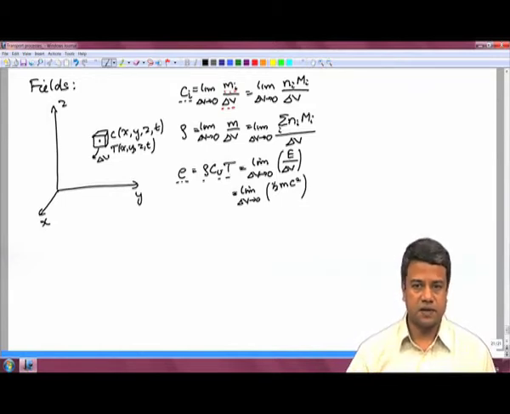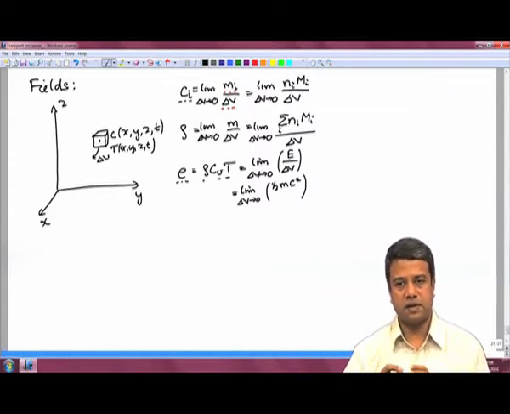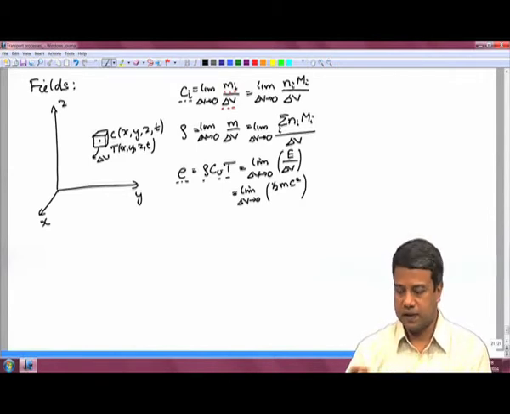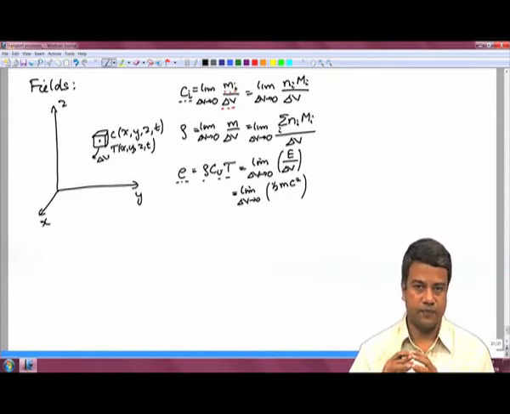The temperature field is defined from the internal energy field or the enthalpy field, by taking into account the total internal energy of all the molecules within a volume, dividing it by the volume itself. In the limit, as the volume goes to 0, the number of molecules also goes to 0. Therefore, the internal energy also goes to 0. But the ratio of the total energy within that volume divided by the volume itself will tend towards a constant value, and that is the internal energy density.